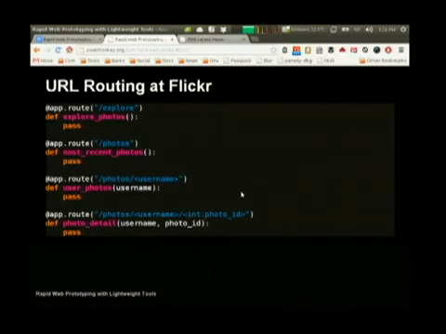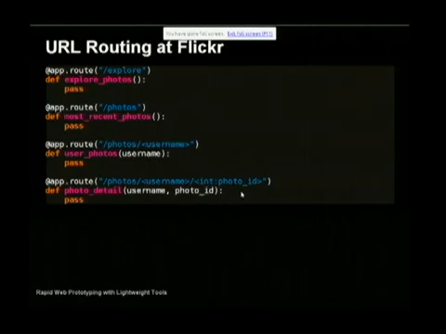So just to go in a little more depth about routing, this is what you might imagine Flickr to have designed their URL routes as, right? So they've got an explore folder and then an explore path and then a photos path, which are basically to explore the site. And then this is sort of how their URL structure is for users.